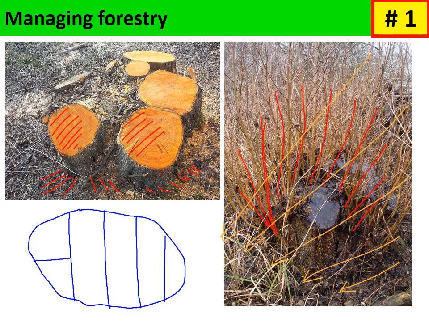like this. So one segment of the forest might be coppiced at a certain time point, and then a little bit later, again depending on the species, the next segment might be coppiced. So by the time the second segment in red has been coppiced, the first segment, well, the poles have already started to regrow.